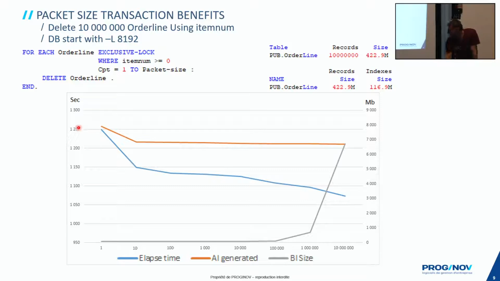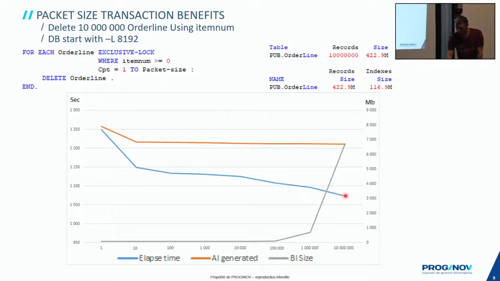When we do a packet transaction of 10 records, time decreases by around 100 sec, and the notes decrease also from 8 to 7 gig. And increasing the packet size from 10, 100, 1,000, etc. to 1 million, 10 million, it decreases each time the elapsed time to do the deletion.